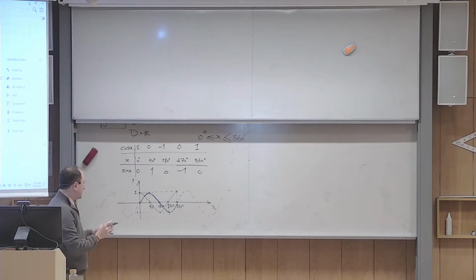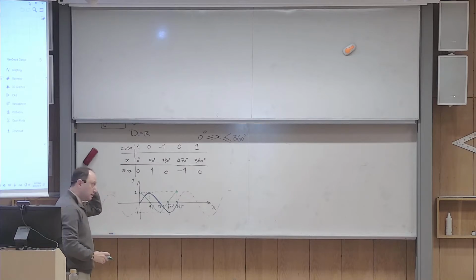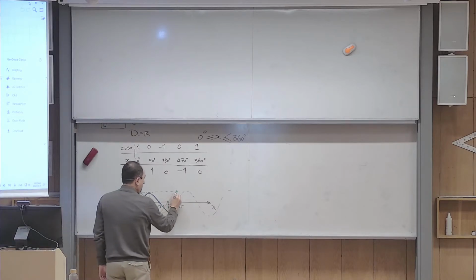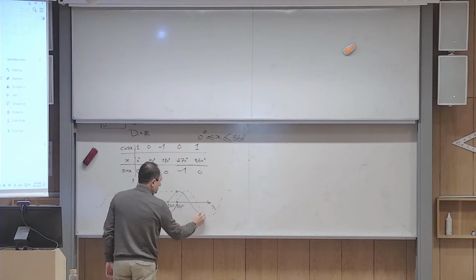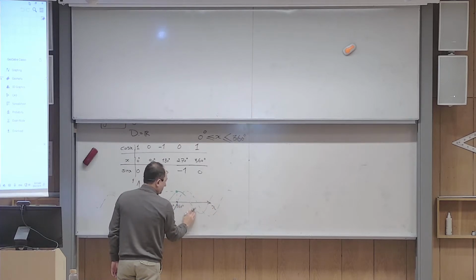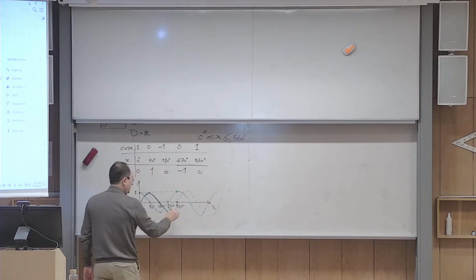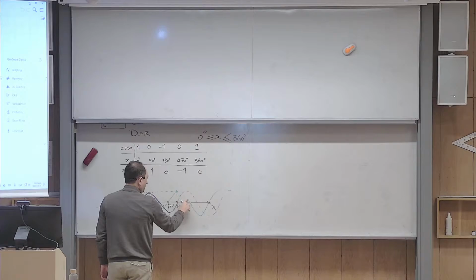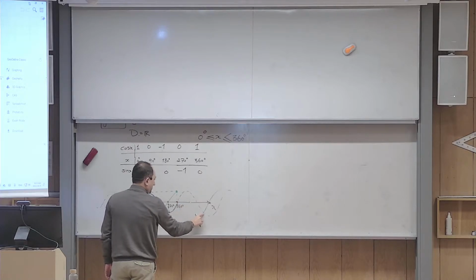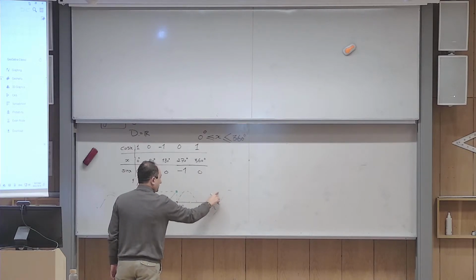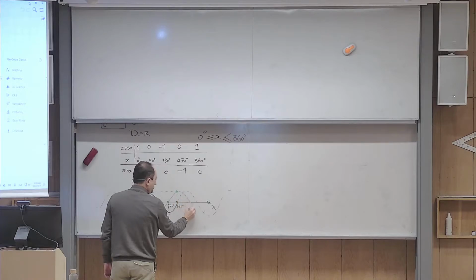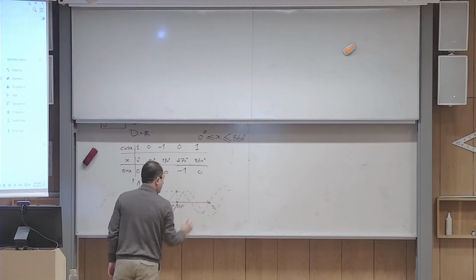But then I have to take this green part and copy and paste it over and over again. So I will have this situation. I cannot draw it perfectly, but you will see the real graph in GeoGebra. It is better to draw it with dashed lines, as I did with the sine function. It doesn't mean it is not part of the graph.